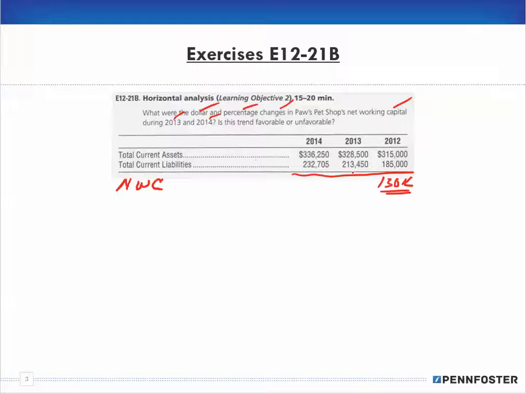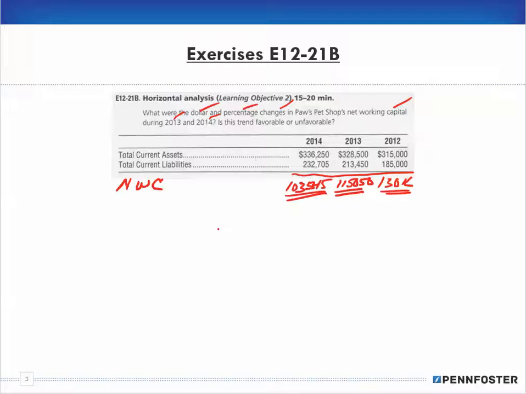For 2013, I subtract the 213,450 from the 328,500, which gives me 115,050. And then I subtract the 232,705 from the 336,250, and I end up with 103,545. Okay, so that's the net working capital for each year.